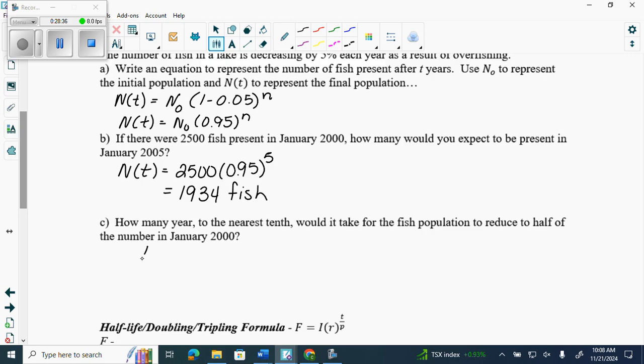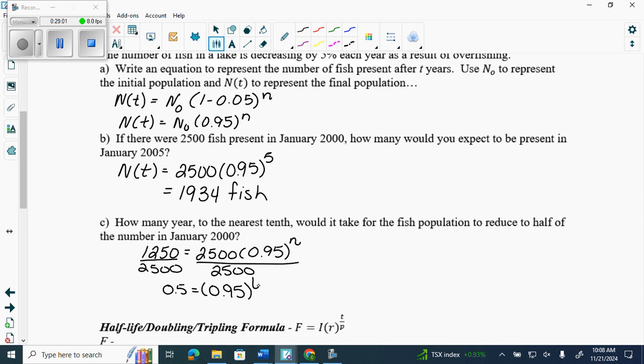So if I want to reduce to half, it'll be 1,250 equals 2,500 times 0.95 to the n. When I know the final and the initial, what do I have to do? Divide the initial over every single time. And I get 0.5 equals 0.95 to the t. My exponent is what's missing.